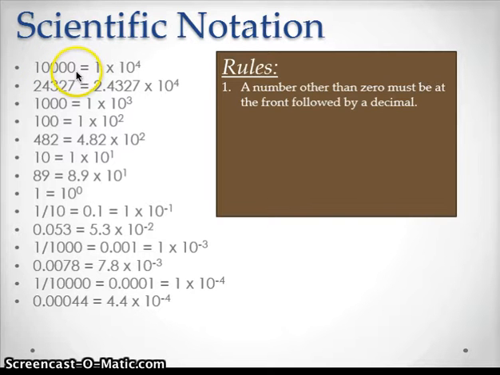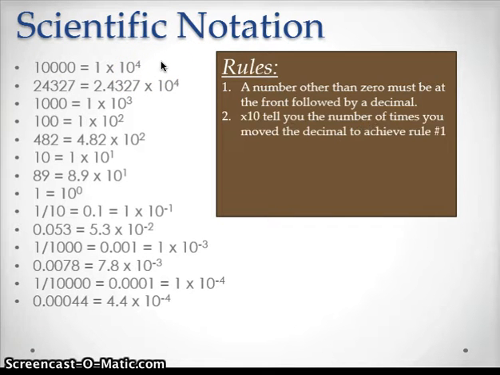Because that's where the imaginary decimal is. Then you're going to move back 1, 2, 3, 4 until you have a decimal in the front of the non-zero. So you're going to put 1 times 10 to the 4 power because that's the amount of times that you move the decimal. So times 10 tells you the number of times you move the decimal.